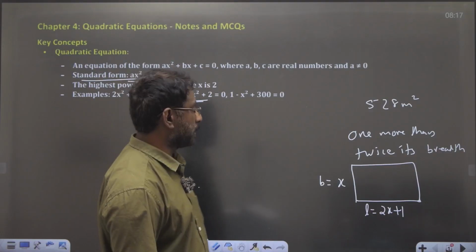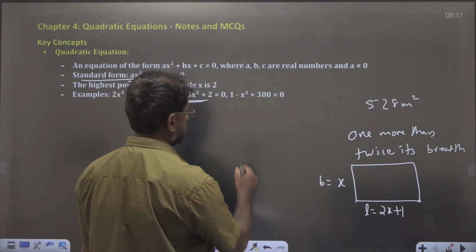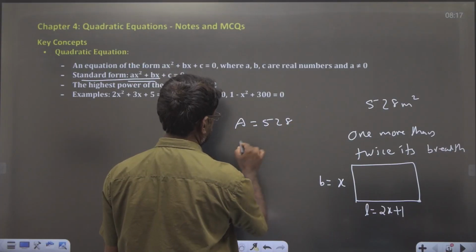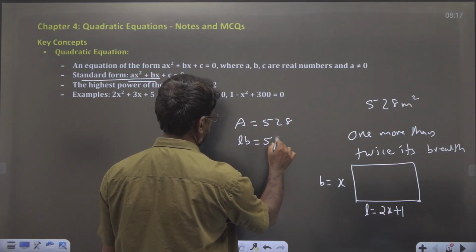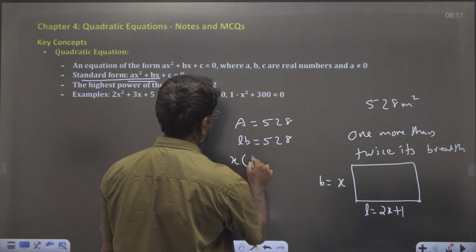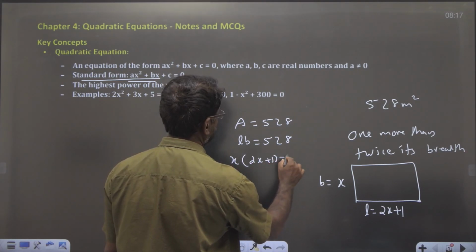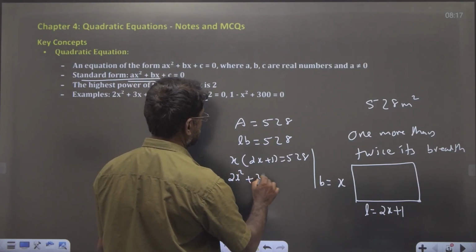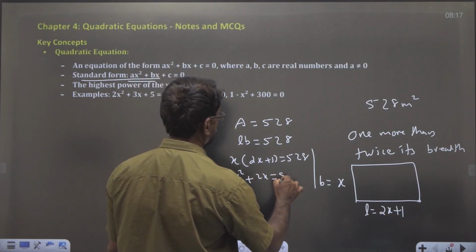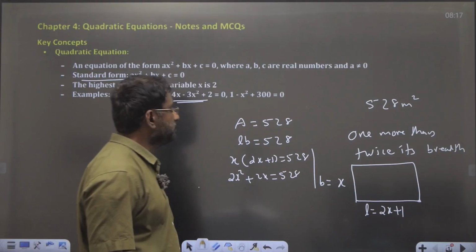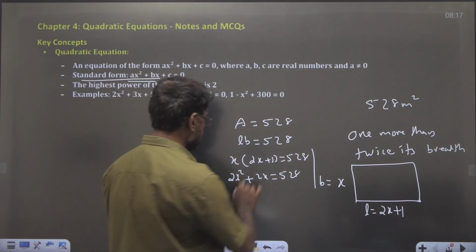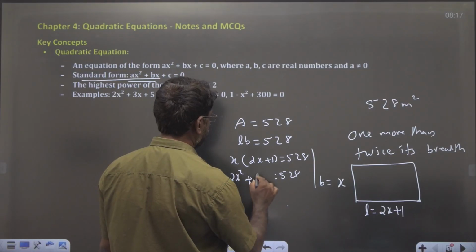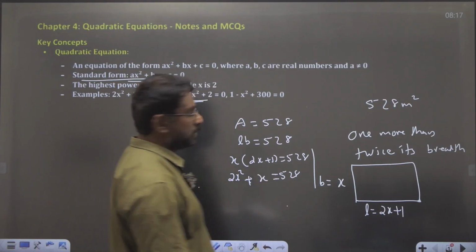Twice means 2x. And also given that area, that is 528, that is L into B equal to 528, that is x into 2x plus 1 equal to 528, that is 2x square plus x equal to 528.